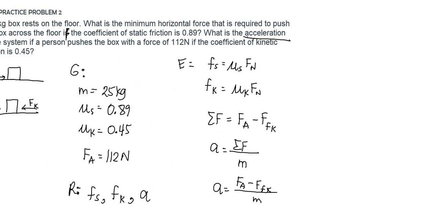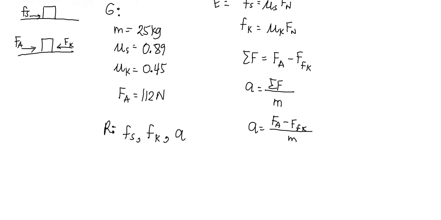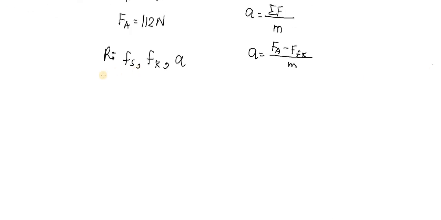Let's solve this, first our F sub S. The solution is F sub S is equal to mu sub S multiplied by the normal force, which is mu sub S times mass times the acceleration due to gravity. Why do we write this instead of the normal force immediately? Because, as mentioned a while ago, there are several formulas for the normal force.